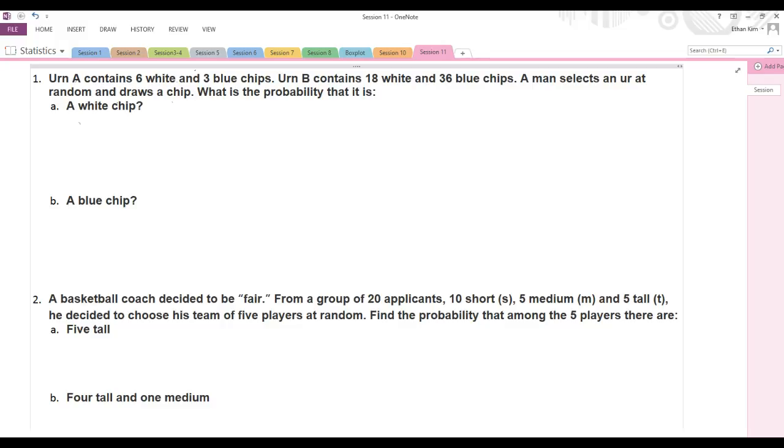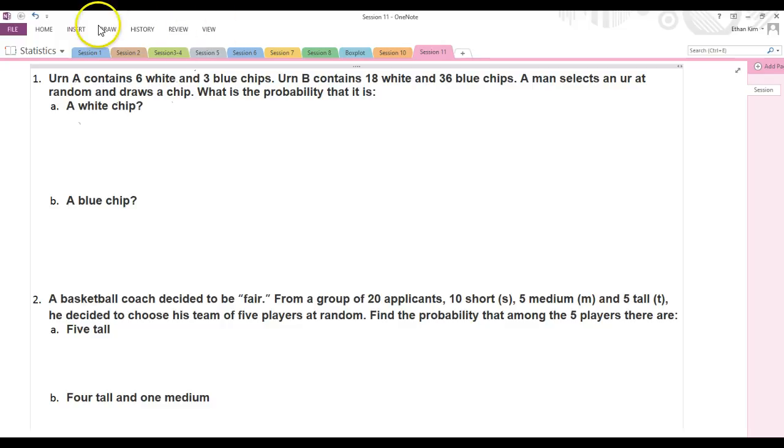If you're stuck, give it a minute or two, think about it, and if you can't do it, come back to it and you'll see the explanation part here, right? So let's jump right in.